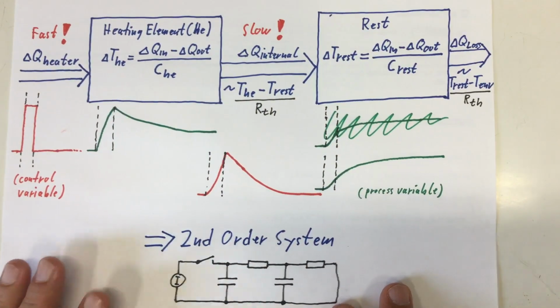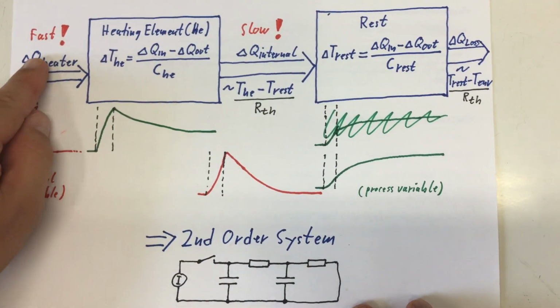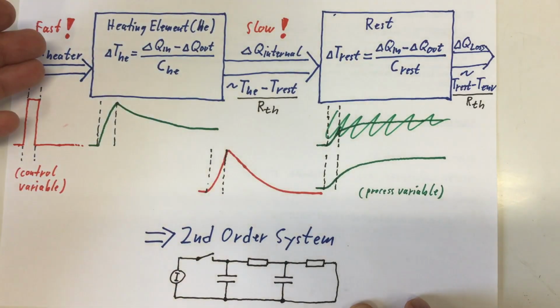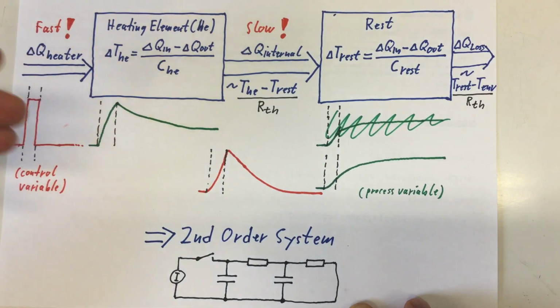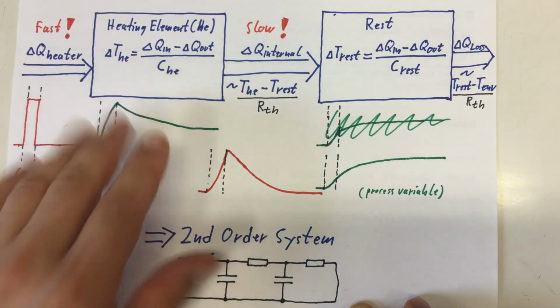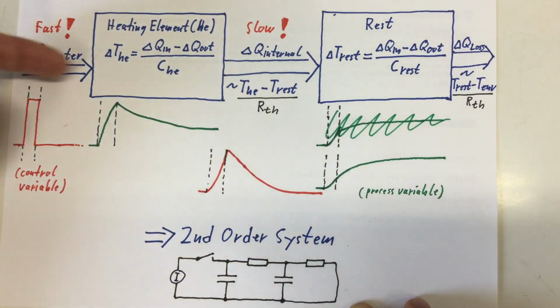Now, how fast is energy going into our heating element? Well, that's pretty constant because our heating elements have a certain power, 200 or 300 watts, something around that. And that's going in here for the time we have the heater on.